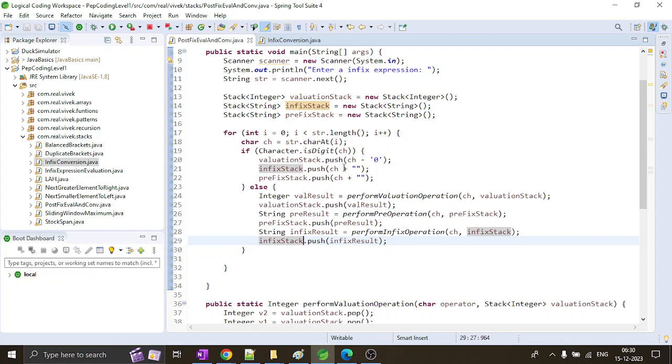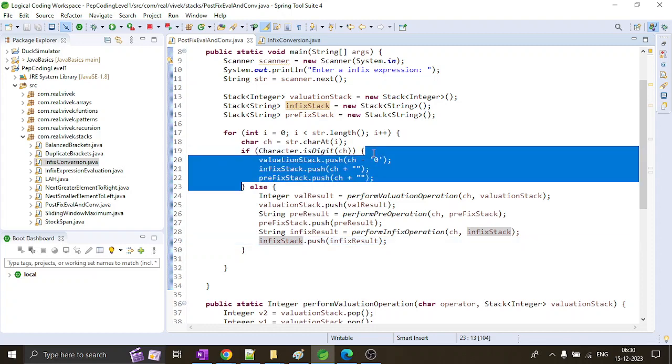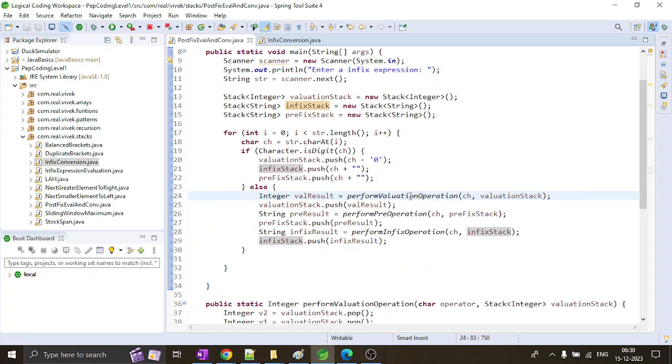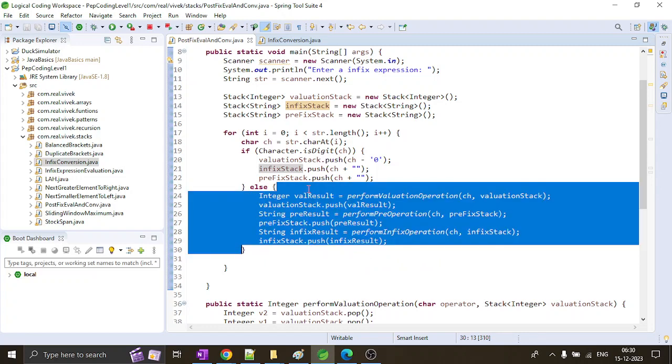So whenever we encounter an operand, we push into the three stacks. Whenever we have an operator, we perform operations, so we'll have different operations performed.